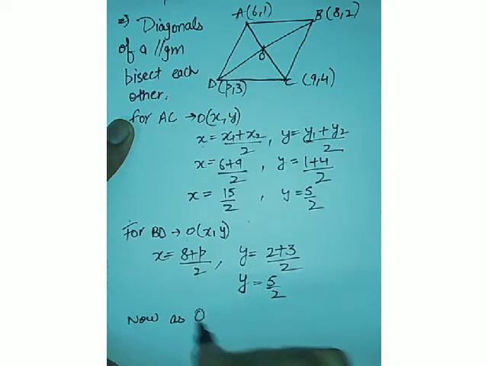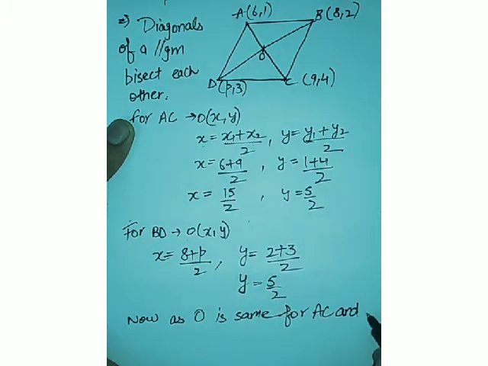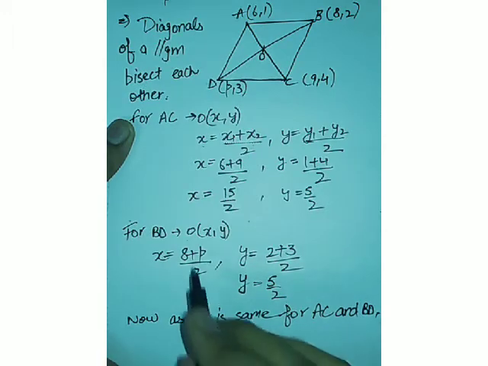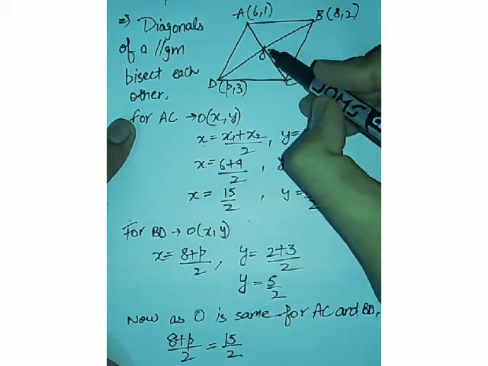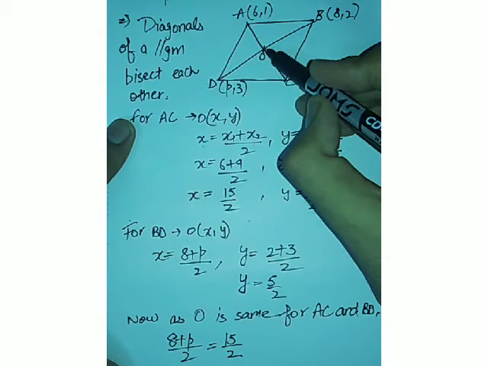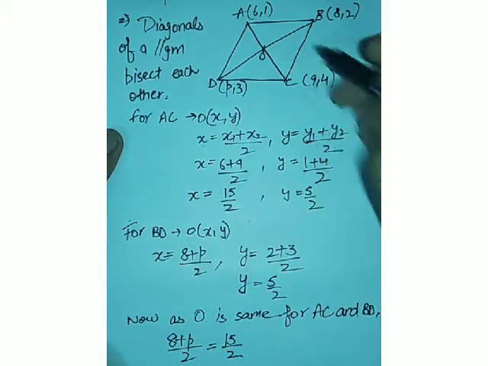Now as O is same for AC and BD, the x coordinate will be equal. 8 plus P upon 2 will be equal to 15 upon 2, because of course you can see from the diagram clearly that O is same for both of the lines. That is why the coordinates of O will also be equal to each other.